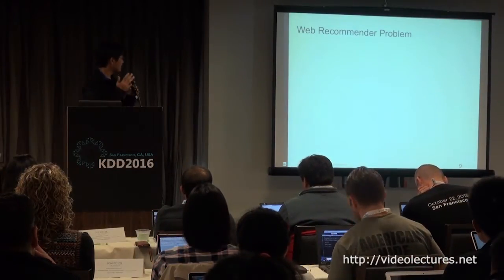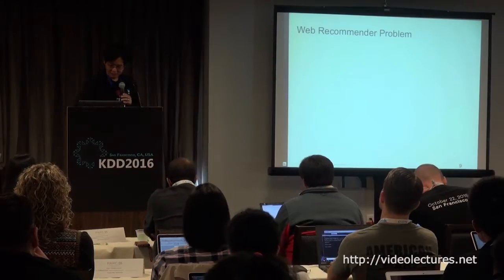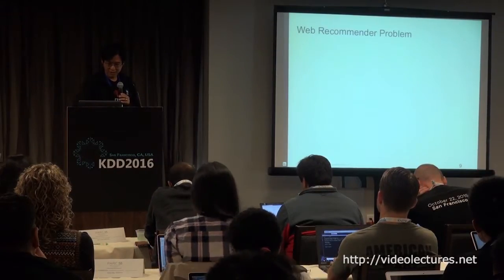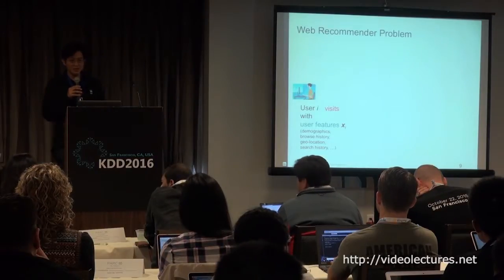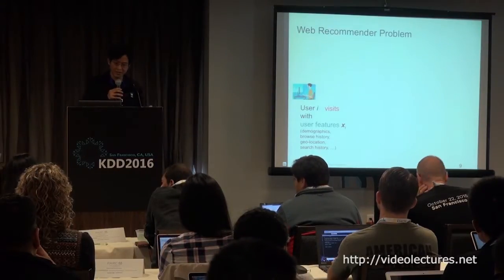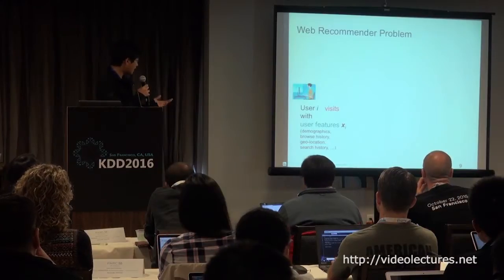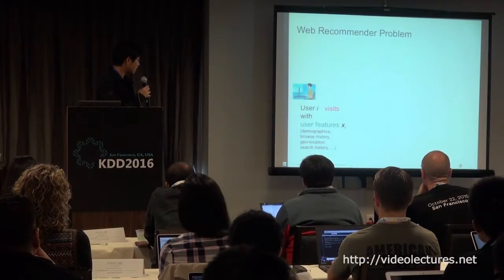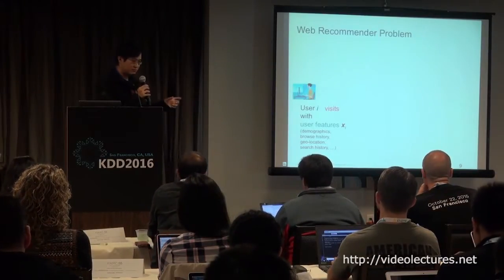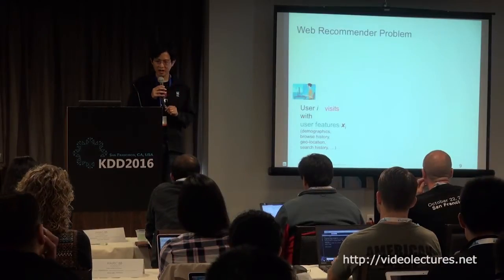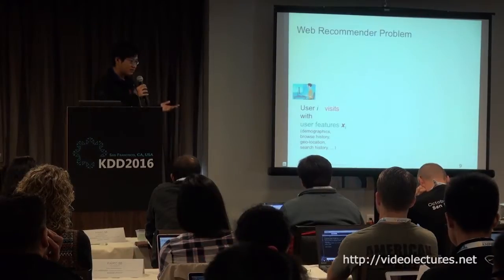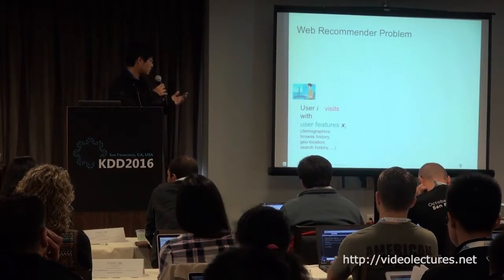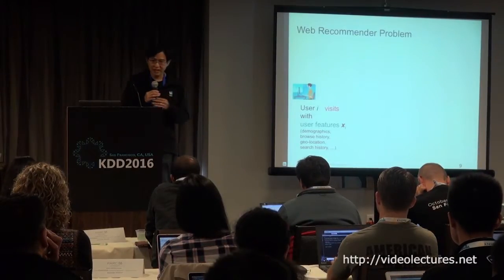So what is a recommender problem? It can usually be described by the following process. We have users who continually visit a website. For each user i who visits the website, we have a set of features that capture whatever we know about the user, which may include the demographics of the user, the user's past browsing behavior, and others.